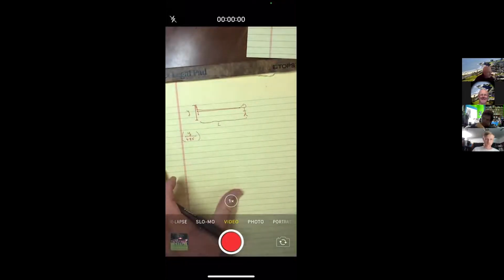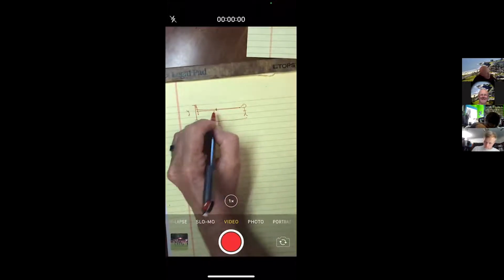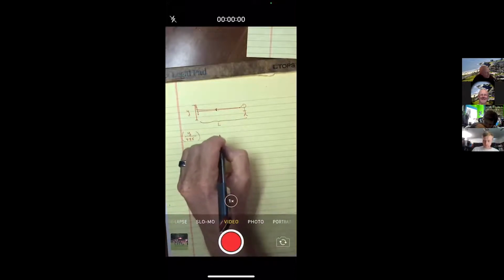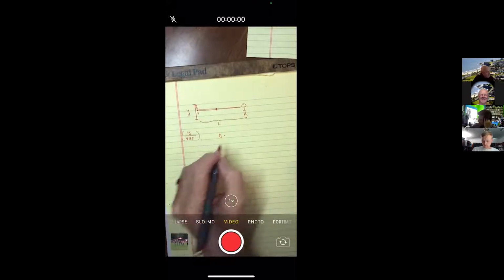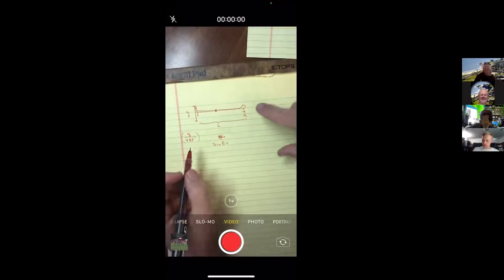And the angle between them, theta, I'm going to use the small angle approximation for sine theta.